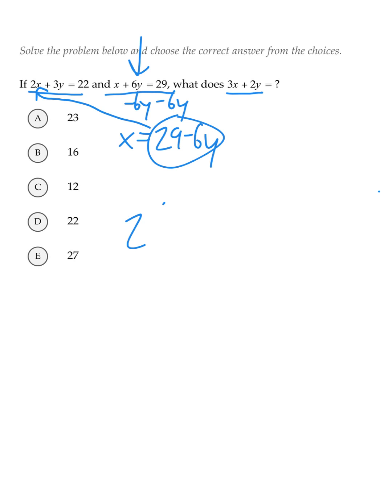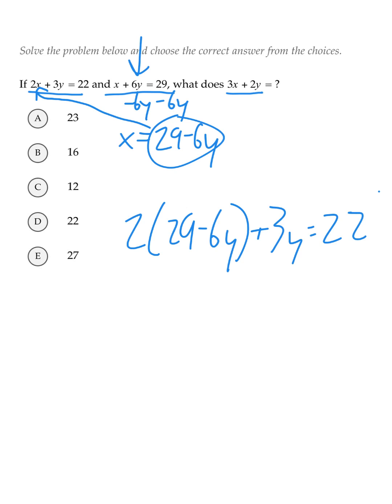So we have 2 times (29 minus 6y) plus 3y equals 22. And if we were to try to solve for y, we could say 2 times 29 is 58, and 2 times negative 6y is negative 12y, plus 3y equals 22.